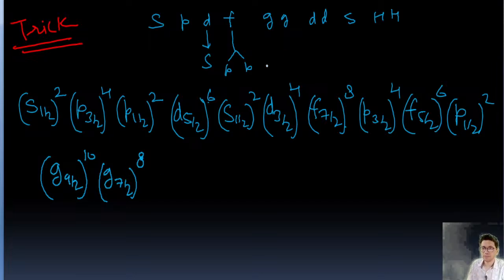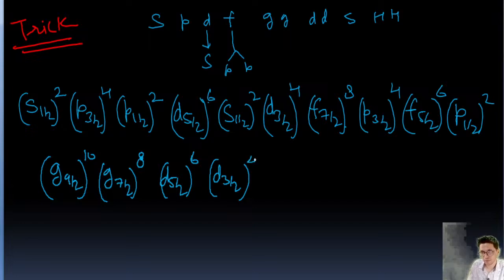Now D, we know D 5 by 2 and D 3 by 2, right? How many electrons are there? There are 6 and there are 4. Now S, we know S half, 1 by 2 sorry, S half, and electrons will be 2. Now H means after G 9 by 2, this will start with 11 by 2.